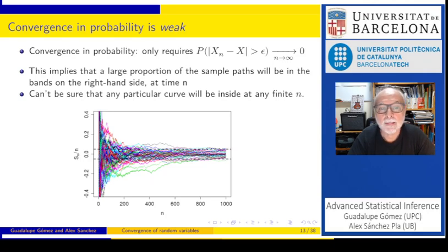The idea that the convergence is in probability means that if we have a certain number of simulated sample paths, we can see that as n increases, it is unlikely that a given sample path is above or below the threshold. But as I said, we can never be sure that it is not going to happen.